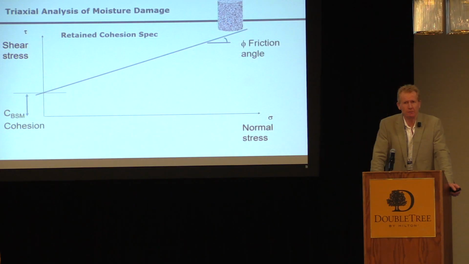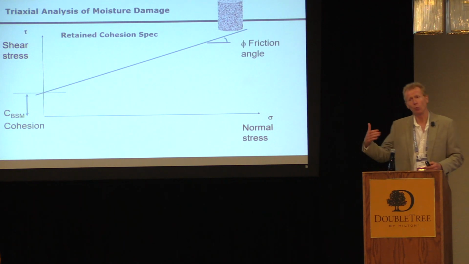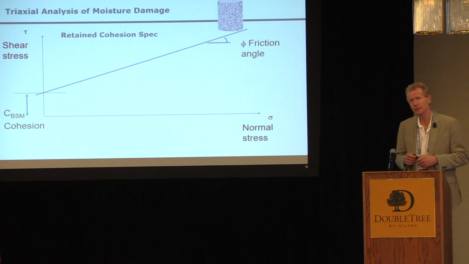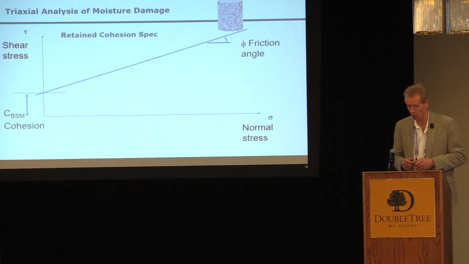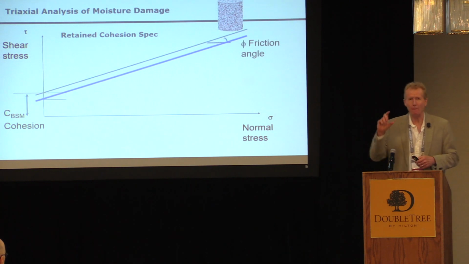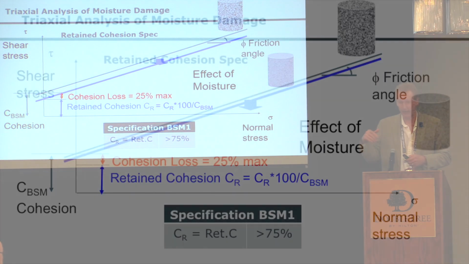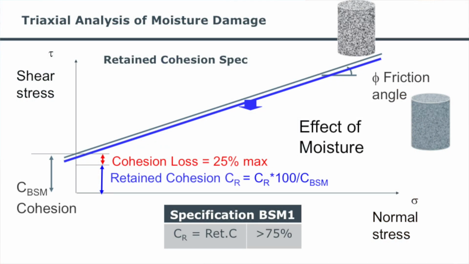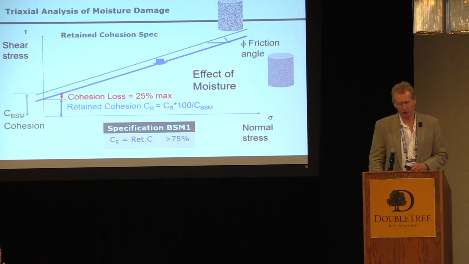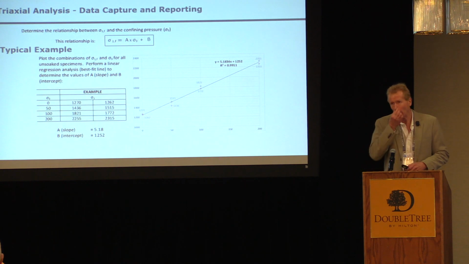Those last two specimens are then used to check what this mix's resistance to moisture is like. Is it good enough? And we allow for a maximum of 25% reduction in cohesion. So that is what we test from those two specimens. Again, you can check that out in the specifications.